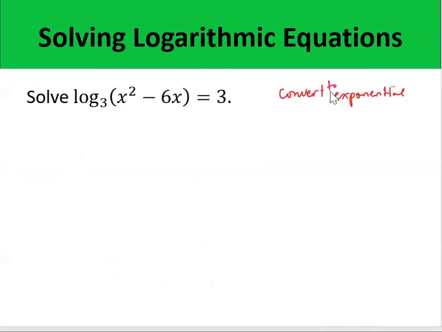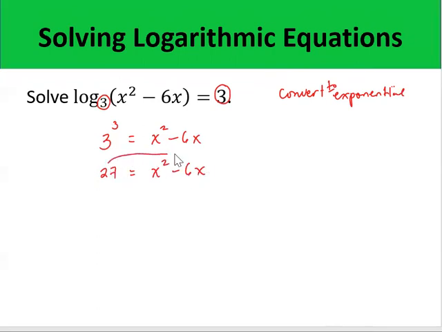So to convert to exponential form, we get the base 3, the base of the logarithm, and then we raise it to the constant value at the right side, and then equate it to the parameter x squared minus 6x. So simplifying 3 raised to 3, that's going to be 27, is equal to x squared minus 6x.